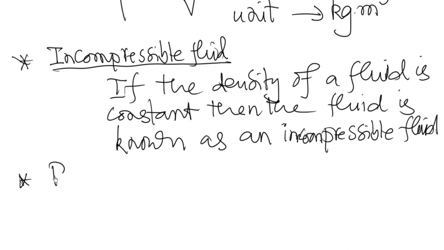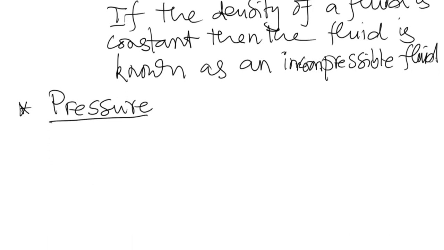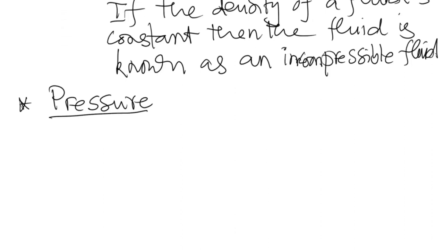Now, pressure. Pressure is the normal force per unit area of cross section. And pressure is denoted by P, and it is force per unit area.